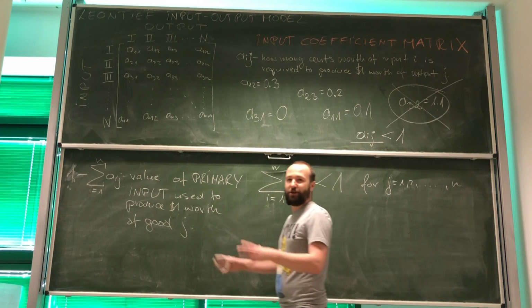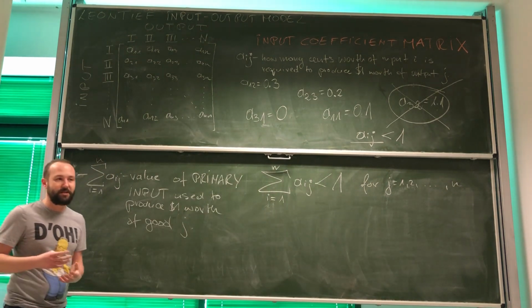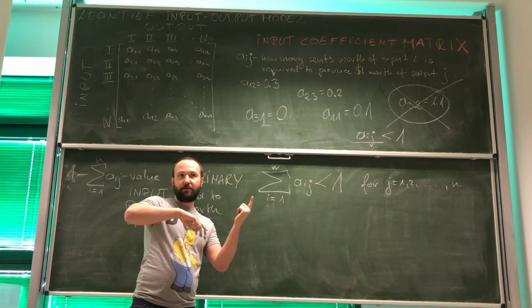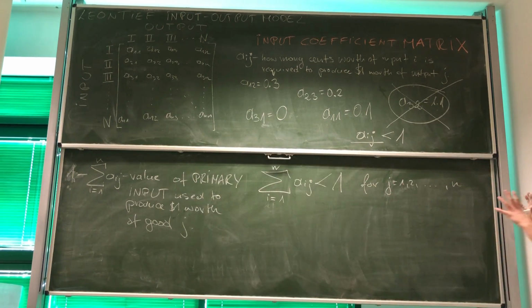Actually, not only calculated for different sectors of the economy, but also taking into consideration trade in inputs between countries. So it's actually rather big and complex, but you can always just look at one country.